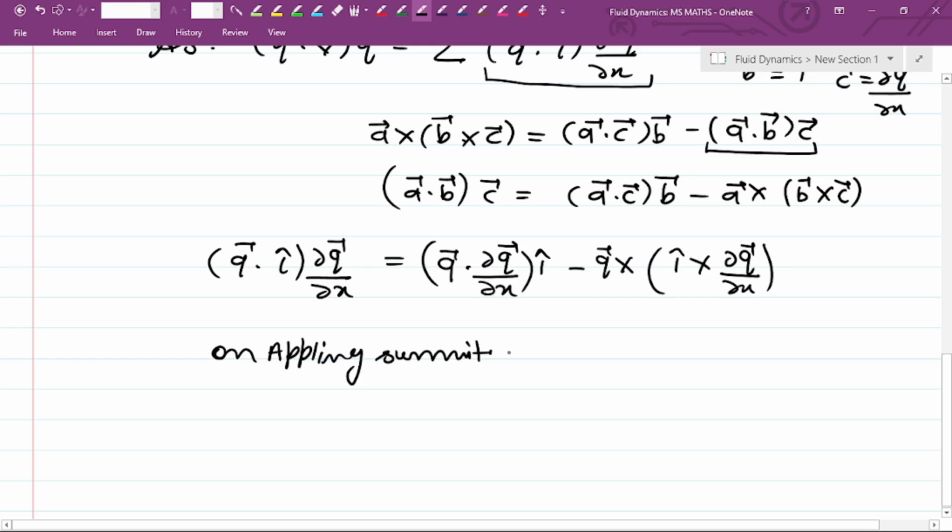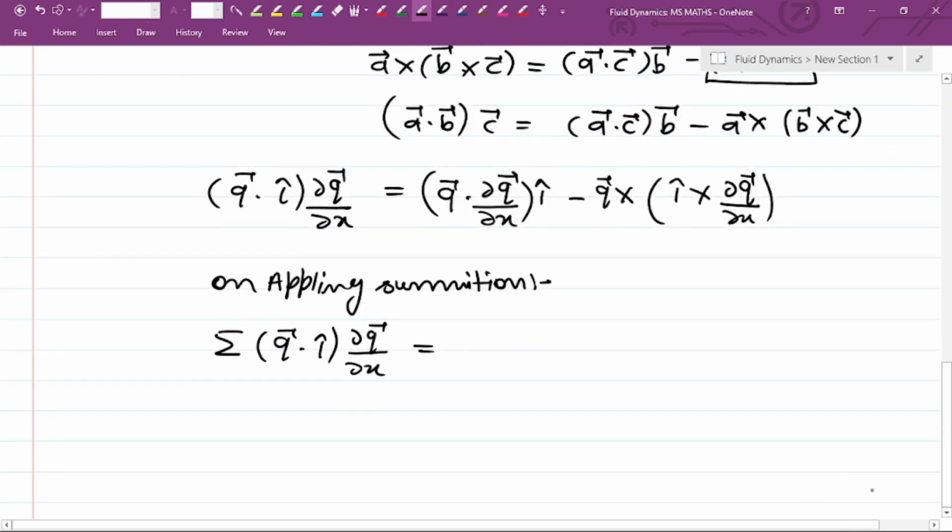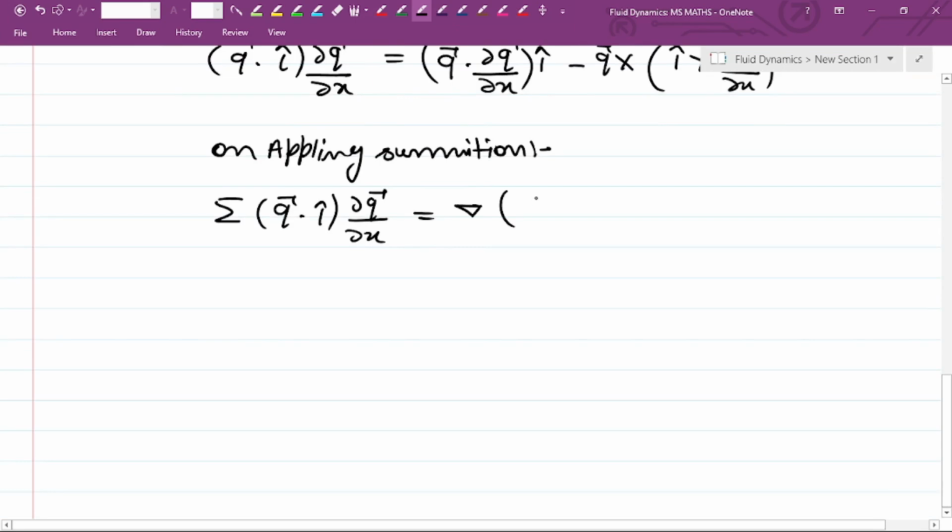We'll get the summation of q vector dot I cap dou q vector over dou x is equal to, by applying the summation for I, j and k, instead of writing the summation here, this will be del of 1 by 2 q vector square, minus q vector cross del cross q vector.